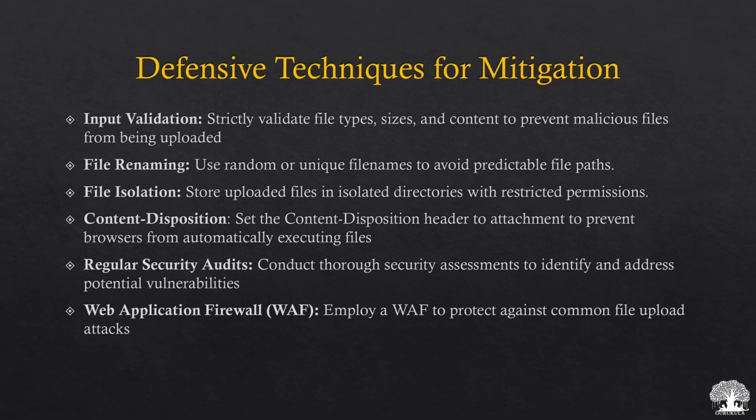That directory should have restricted permissions. For content disposition, we will have to set the Content-Disposition header to attachment, so that the web application will not automatically execute the files. That is one defensive technique we can implement. Then regular security audits, which are applicable for almost all vulnerabilities, and web application firewalls will stop this particular vulnerability to a certain extent.